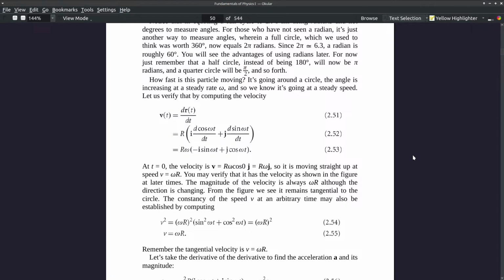From the figure, we see it remains tangential to the circle. The constancy of the speed v at an arbitrary time may also be established by computing v squared equals omega r squared times sine squared of omega t plus cosine squared of omega t, which equals (omega r) squared. And v equals omega r.